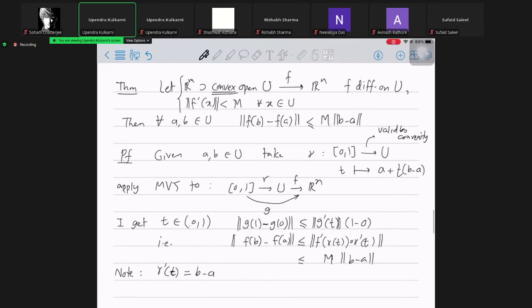I apologize, I completely missed this point. So remember, for the operator norm, the norm of the operator A applied to V was less than or equal to the operator norm of A times the norm of V. Yes.